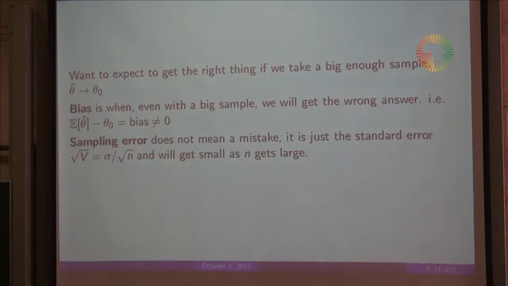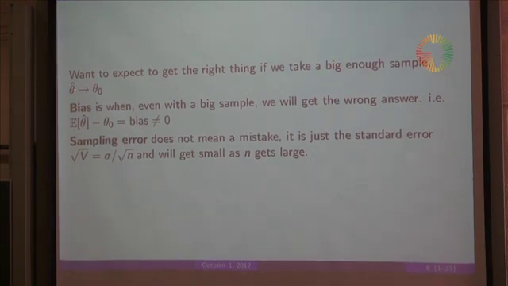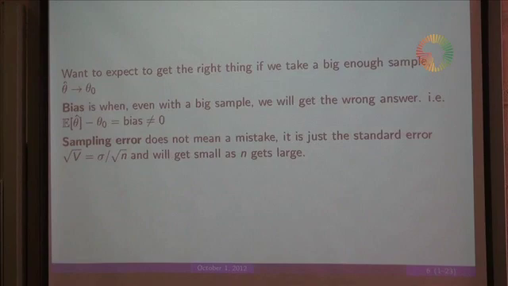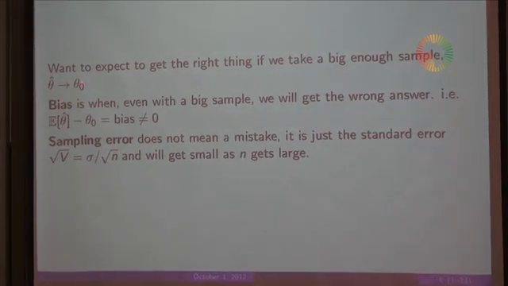So, to use our notation before, if we take a big enough sample, we know that the estimate, asymptotically, should go to the true value. All our theory depends on it.